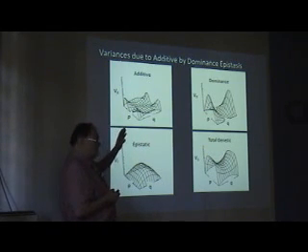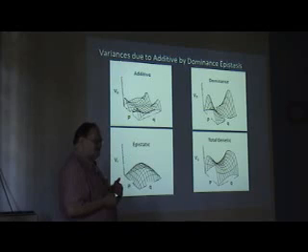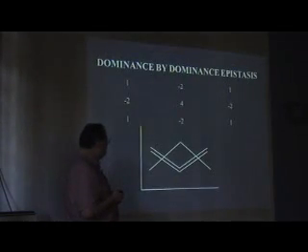There's also dominance by additive epistasis, which is the exact same thing with the loci transposed, where the second locus has its dominance change while the first locus has its additivity change.